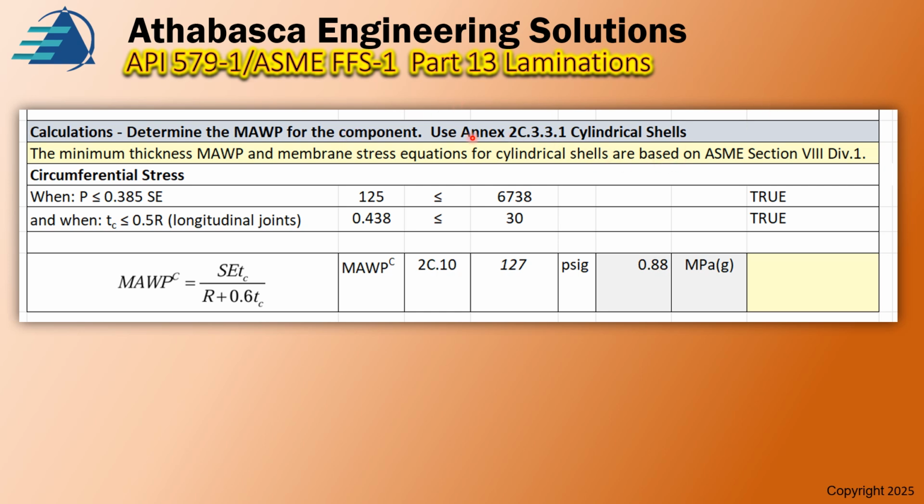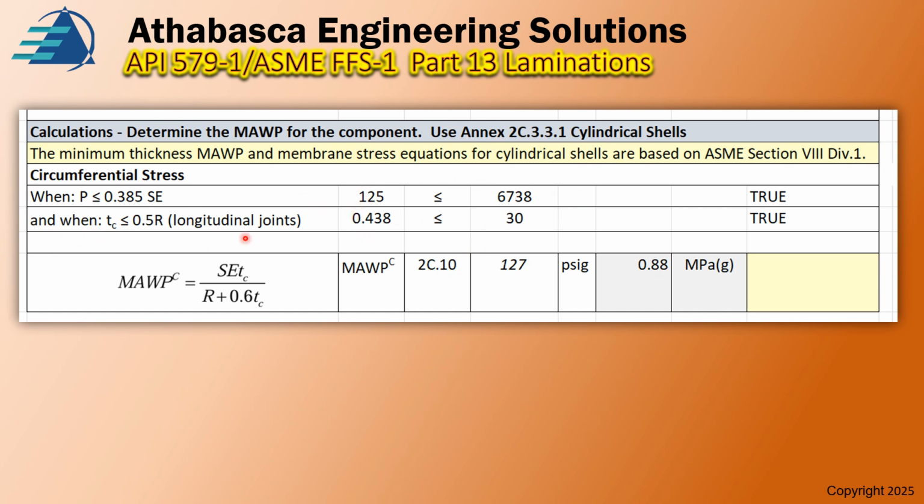The older codes, I should mention, have it not in annexes but in appendices at the end of the chapter, but we're basing this, of course, on 2021. So as long as we meet these conditions, we can use this maximum allowable working pressure equation, where the pressure must be equal to or less than 0.385 SE, and we satisfy that criteria.